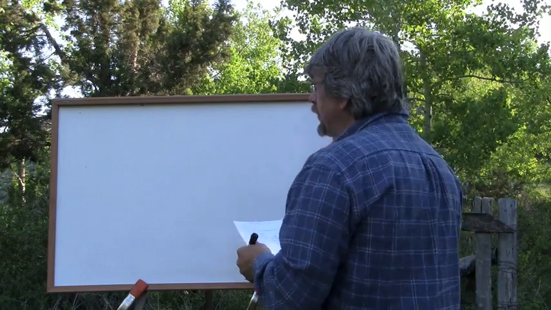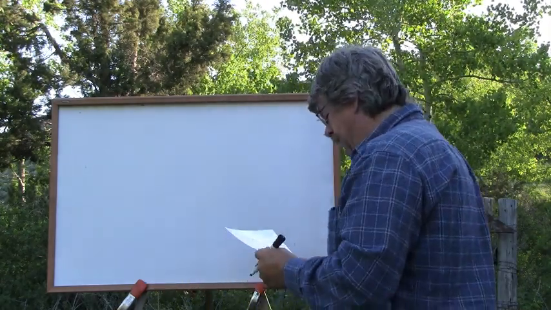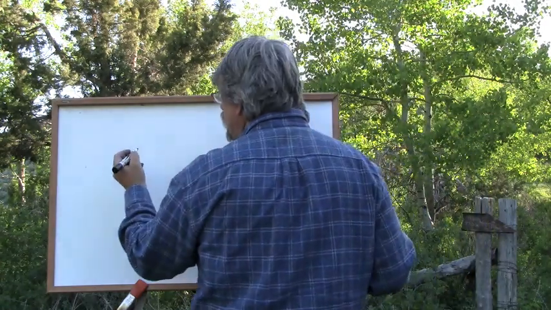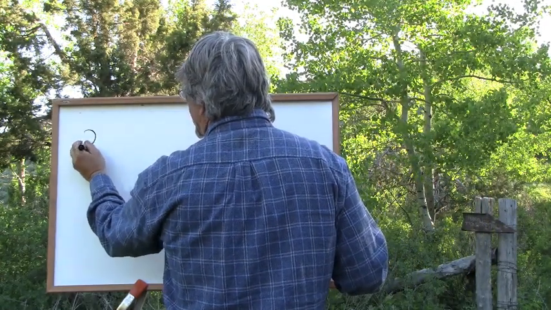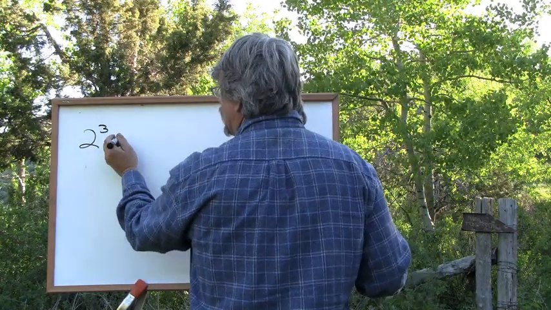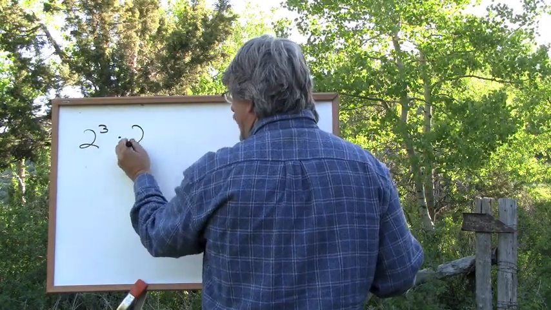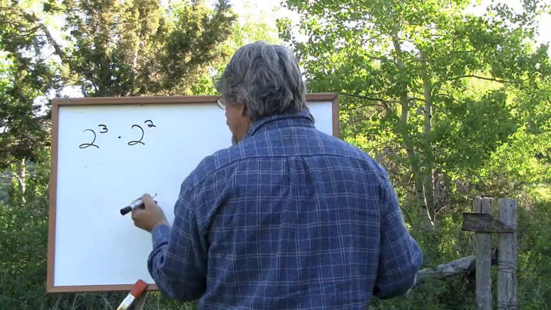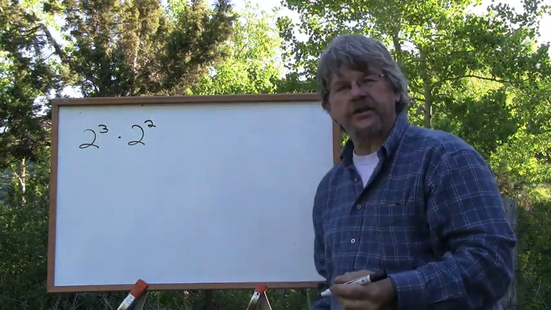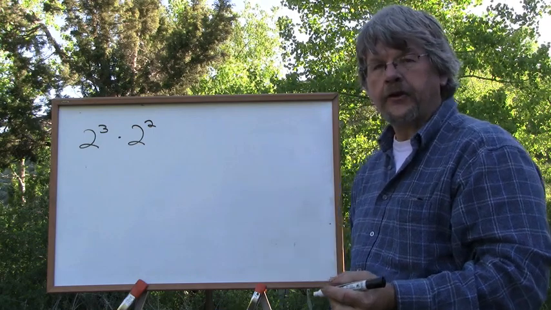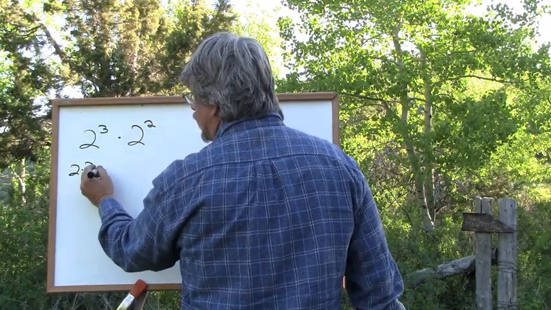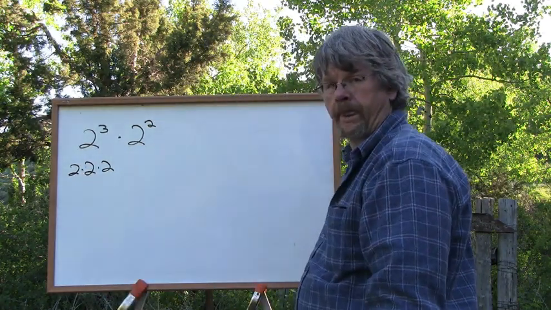So that's basically, let me do some addition. When a number is raised to a power and you multiply the number raised to a different power, what is this expression telling us? First, 2 to the third is 2 times 2 times 2.